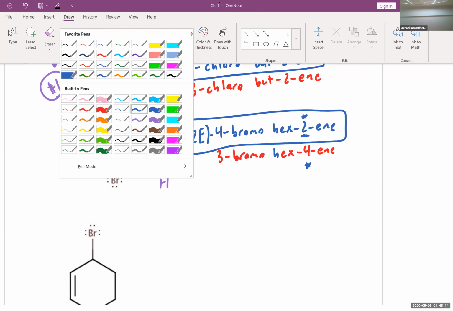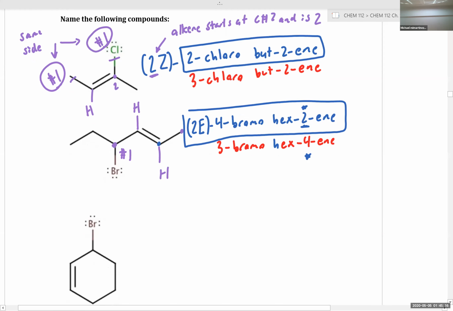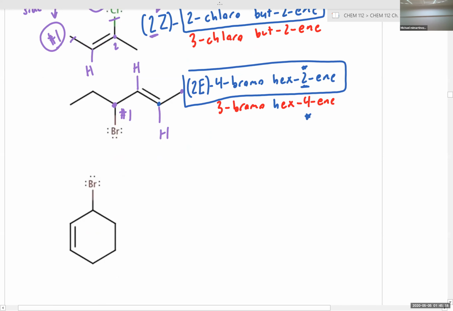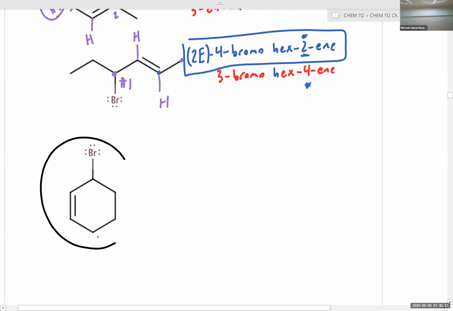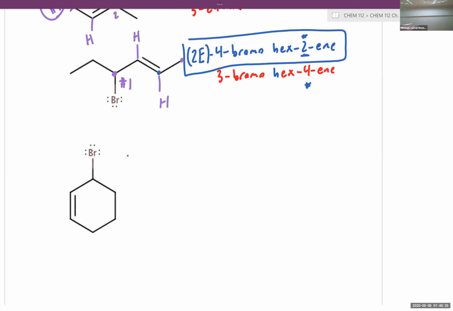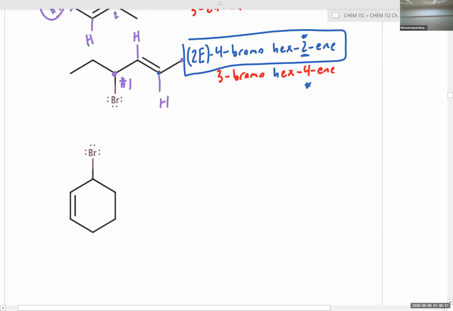Okay, let's do one more together before I let you loose on a few examples to close out this period. So in this case, we have the following molecule. Let's try using our two methods of counting. Remember, you always have to count through your alkenes.